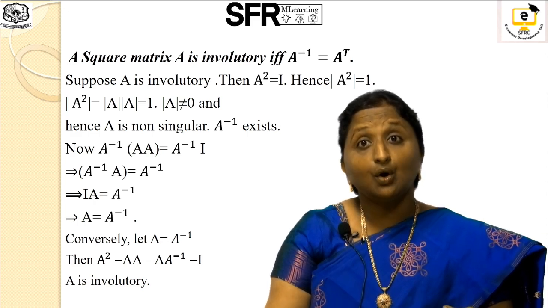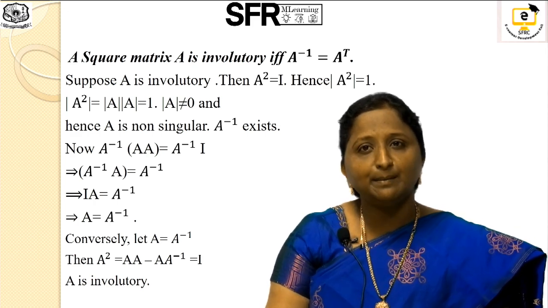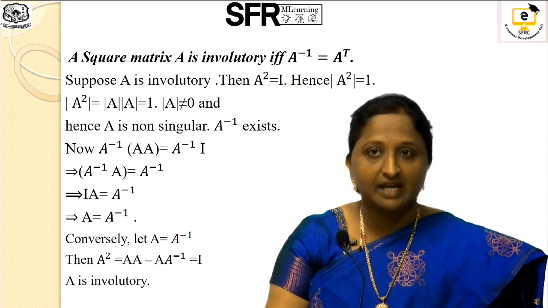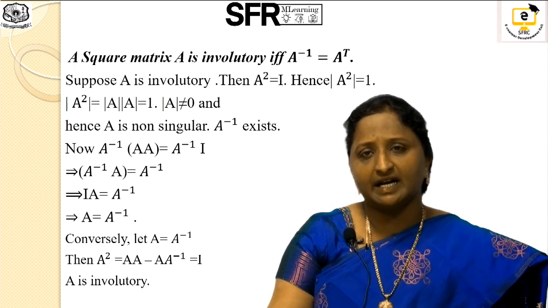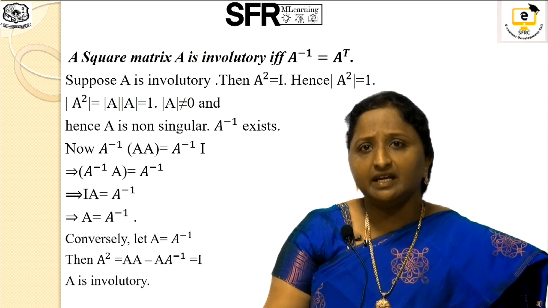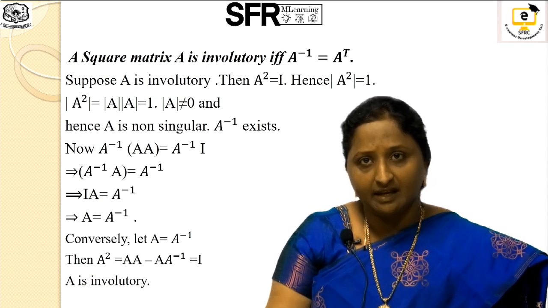It is also true that if I take a square matrix A, it is involutory if and only if A inverse is equal to A. We need to prove it. So suppose I take a square matrix A which is involutory.